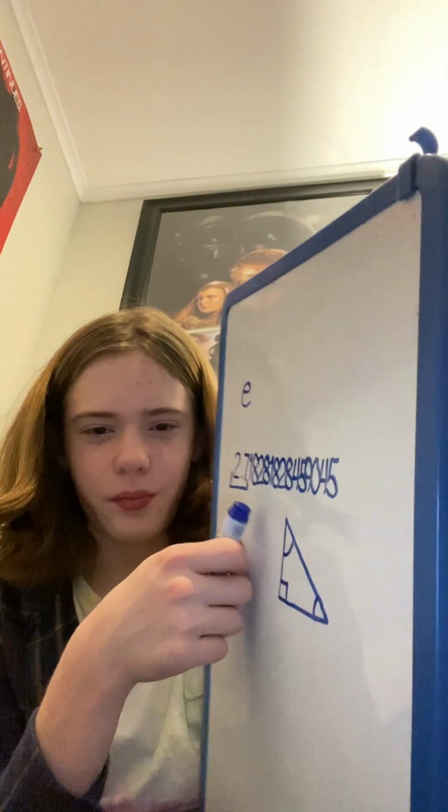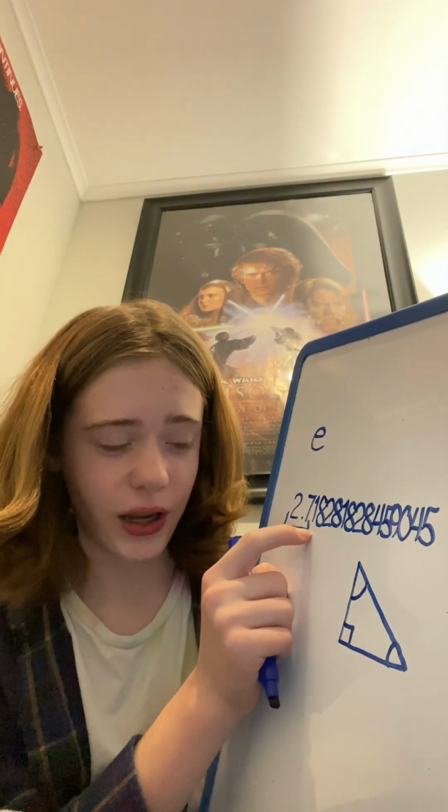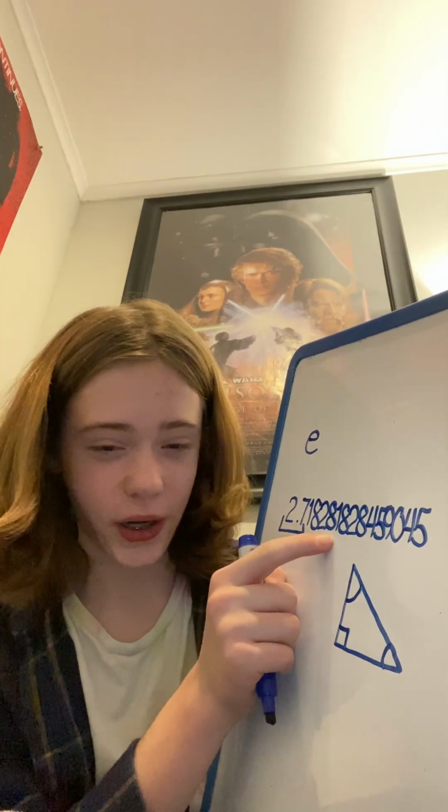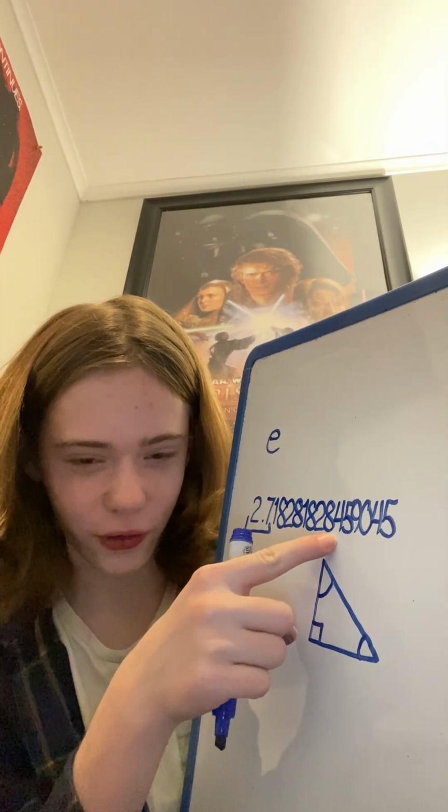So that does form a triangle, but there's a common mnemonic to learning the digits of e, and that is 2.7, and Andrew Jackson was elected in 1828, twice, and then right triangle side lengths 45, 90, 45. That's pretty strange.